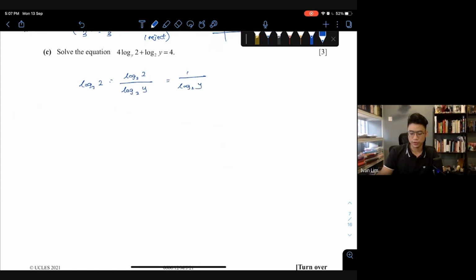Okay, so that's for the first term. So 4 times log y of 2 now becomes 4 over log base 2 of y, plus log base 2 of y equals to 4.